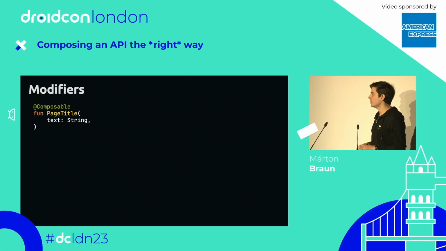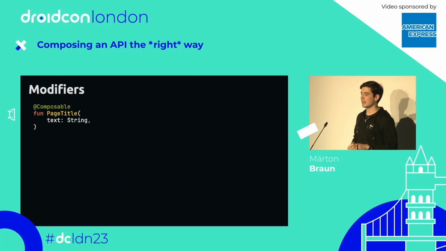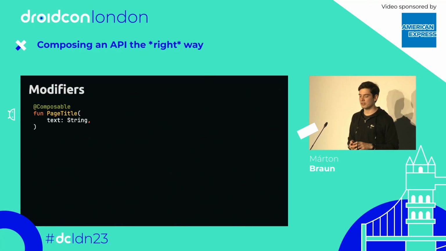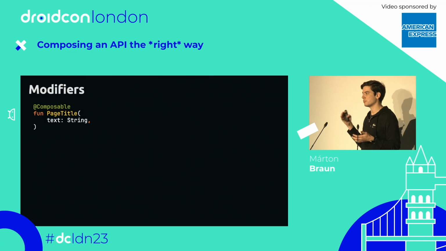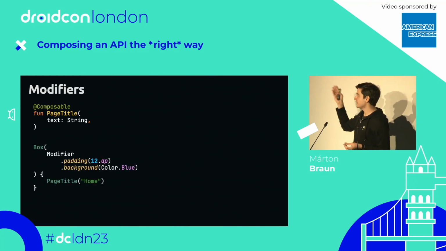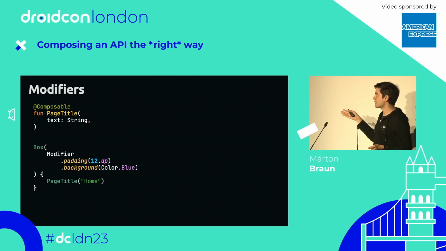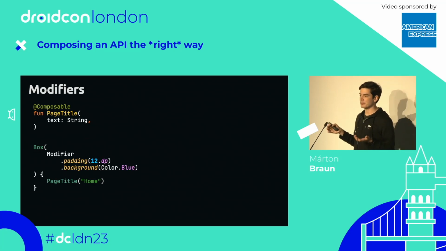Something you might be wondering is whether or not you should provide a modifier parameter in your components. And what you have to realize about this question is that if you don't provide a modifier, all you're really doing is making customization more difficult, but you're not preventing it. So for example, if we don't have a modifier parameter here, we can always call this original function, wrap it in something like a box, and then apply modifiers to that wrapping layout.